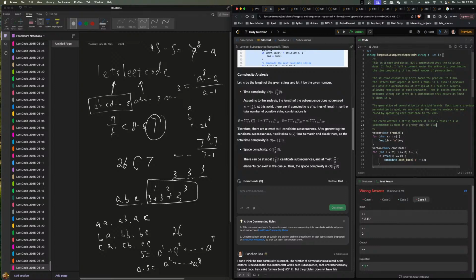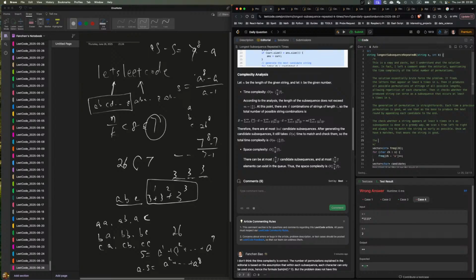We scan S from left to right and always try to match the string as early as possible. And once we have k matches, that means the string is good.